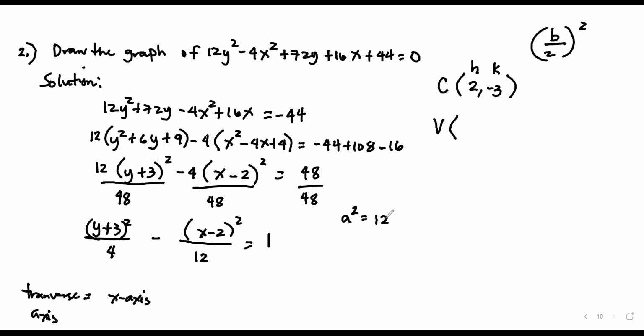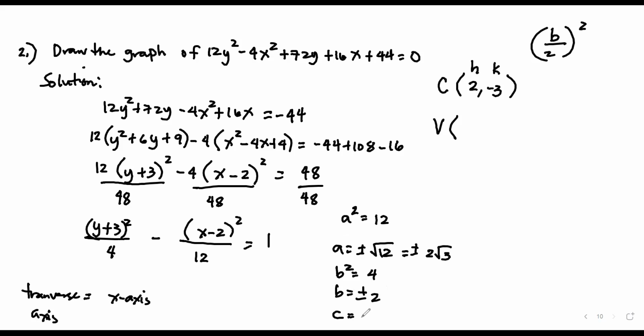A squared equals 12. Therefore, a is positive, negative square root of 12, or positive, negative 2 square root of 3. B squared equals 4, according to our standard form. So b is positive, negative 2.